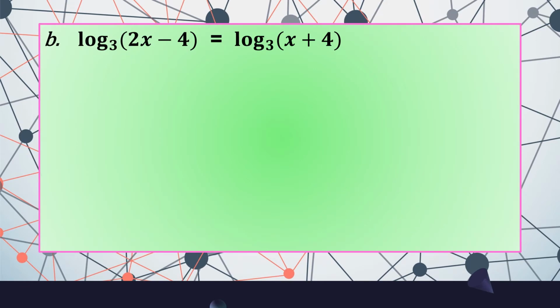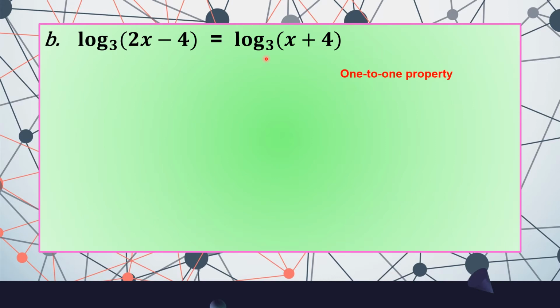For letter B, we have logarithm of 2x minus 4 with base 3 equals logarithm of x plus 4 with base 3. Again, we are going to use the one-to-one property. Why? Because we have here one log on this side and another one log on the other side.